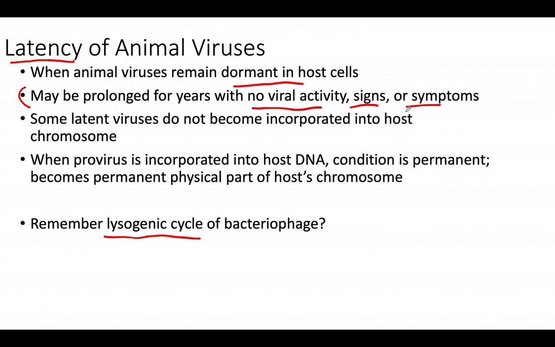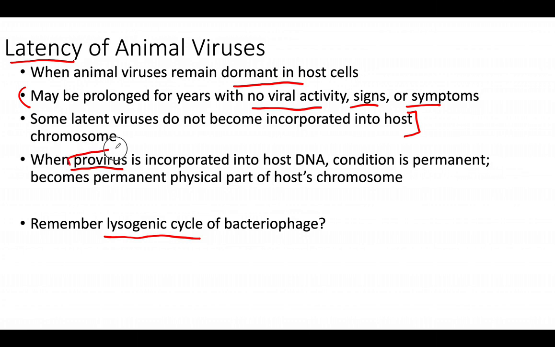There's different mechanisms of how this can be achieved. So it's possible that the DNA sometimes just sits in the cell by itself, so as a separate piece of nucleic acid, separate from our chromosomes. But there are instances where the virus DNA integrates or incorporates, and so we use this very similar term.